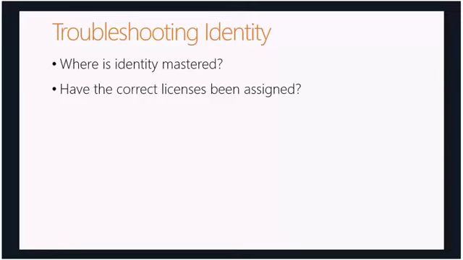And if they do expire, then you will get warnings. If those warnings are ignored, then obviously access to the services will no longer be available. So again, the second thing I can give you here when it comes to identity is, as basic as it sounds, make sure that you go in and verify that the right users have the right licenses. And for example, users that have left the business have their licenses removed.